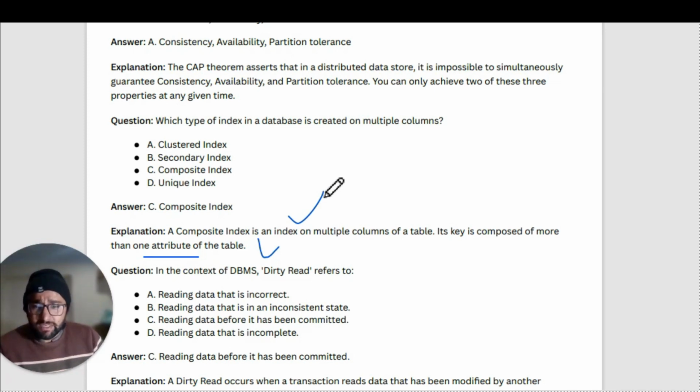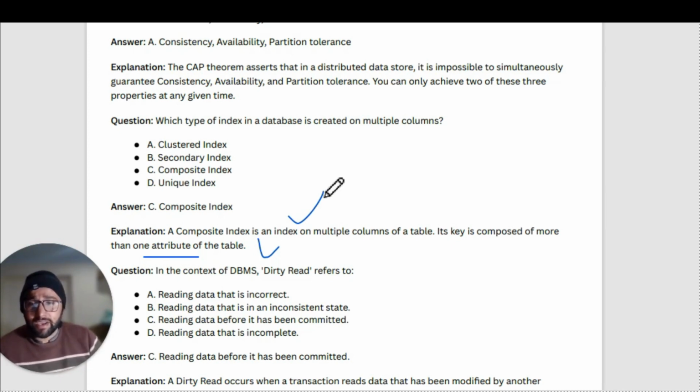In the next question, in the context of database management systems, dirty read refers to, it is a constraint basically. During a dirty read, we try to read data which is already being read by someone else.